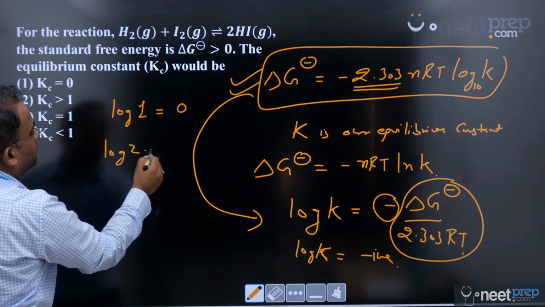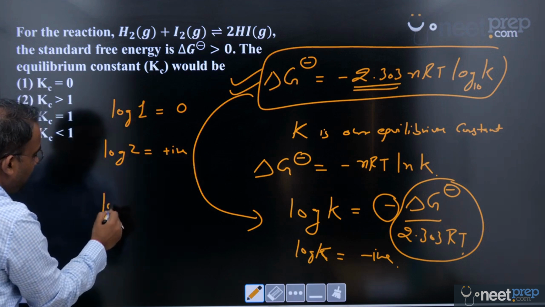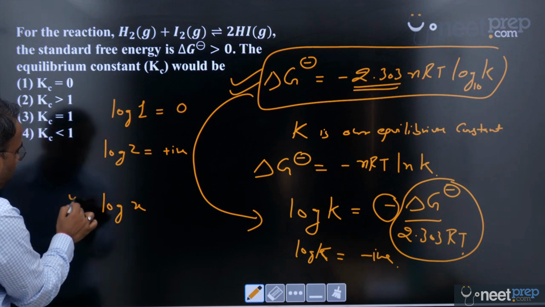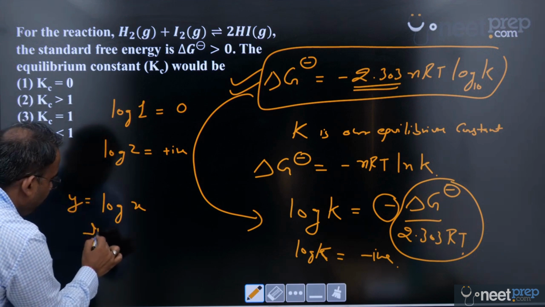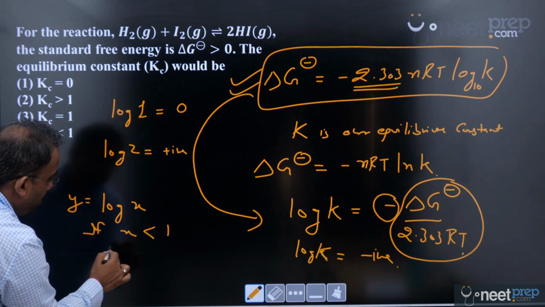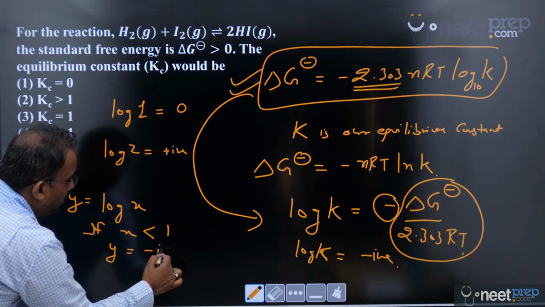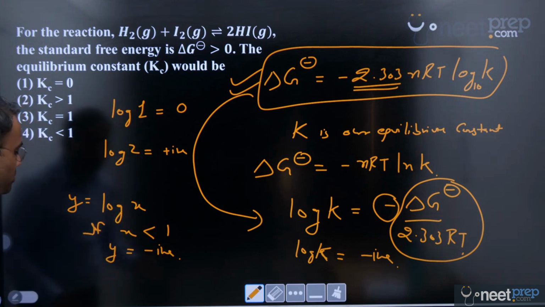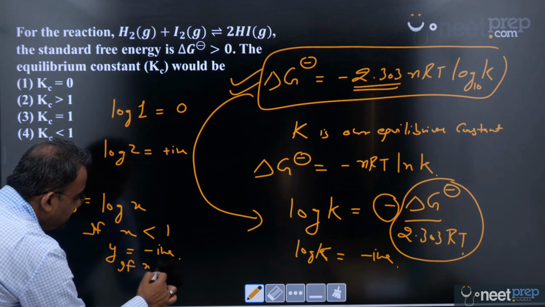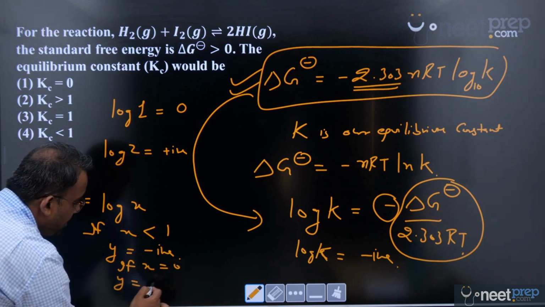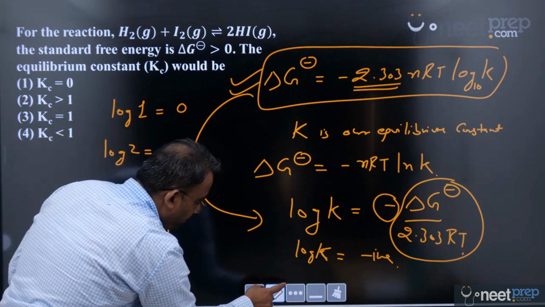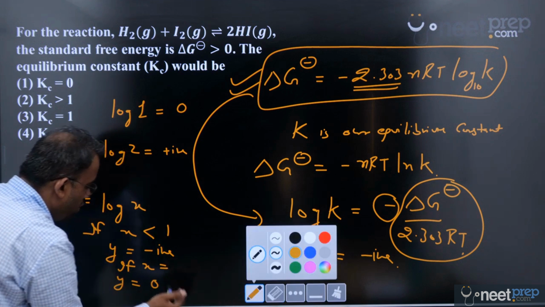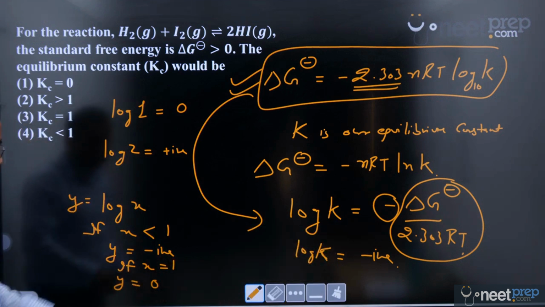Now it is simple maths that log 1 is 0, and if I take log 2, it will be positive. So let me clarify: let's say I'm calculating y equals log x. If x is less than 1, y will be negative. Any value which is less than 1, when I take its log, is going to be negative. If x is 1, log of 1 is 0.